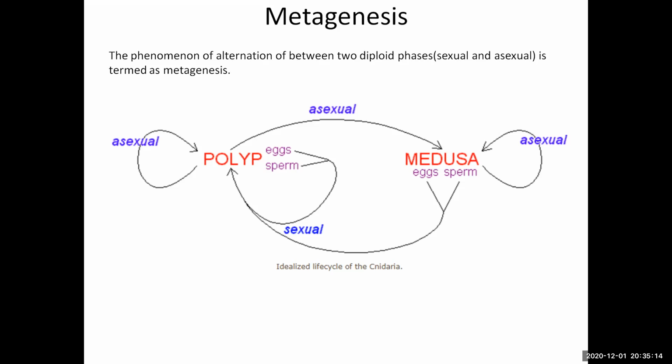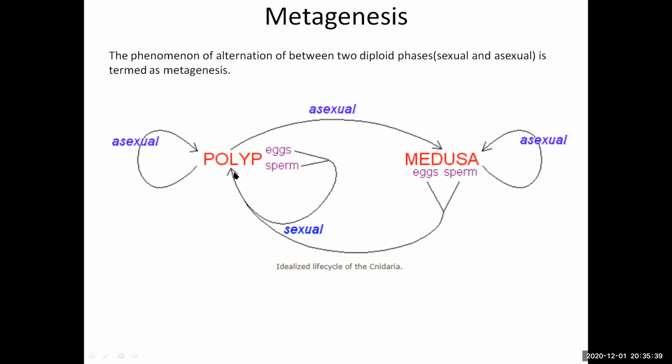So metagenesis is absent in forms where the life cycle is a polyp form only or the medusa form only. Example, Hydra. So in Hydra, only the polyp phase is present. The polyp will reproduce asexually to form a polyp, and the polyp will produce the egg and sperm and reproduce sexually to form a polyp.